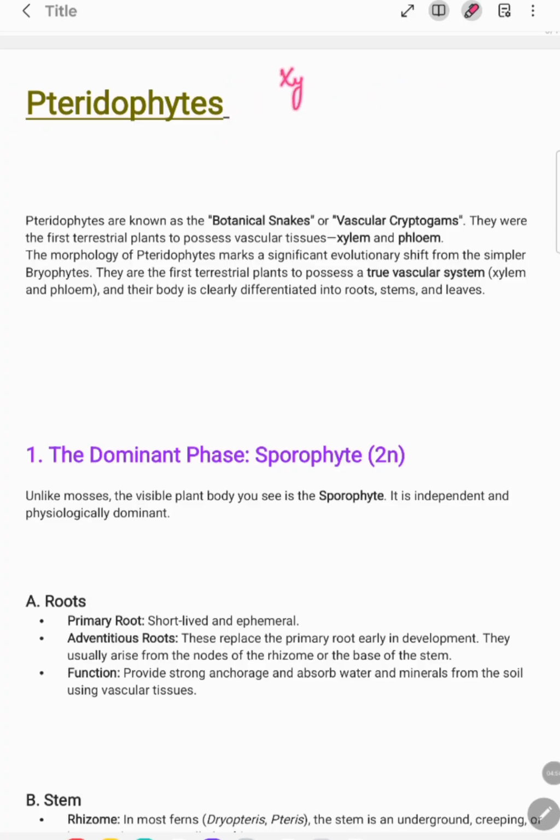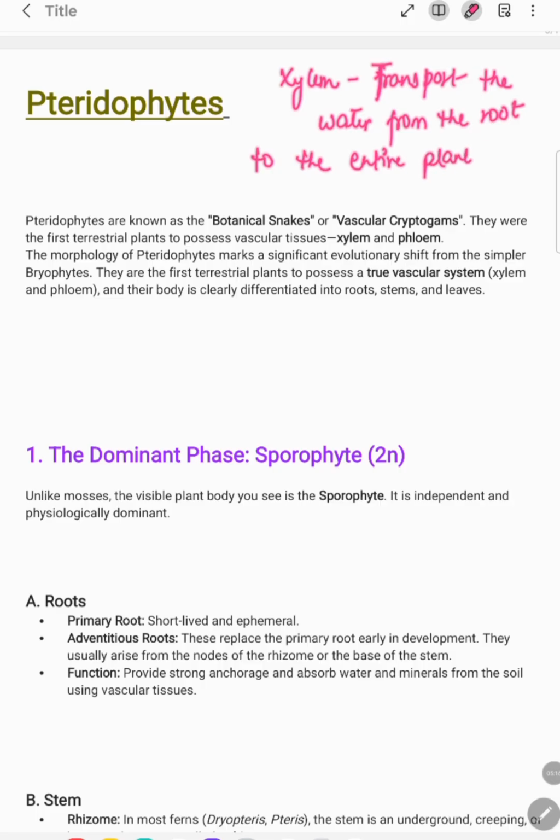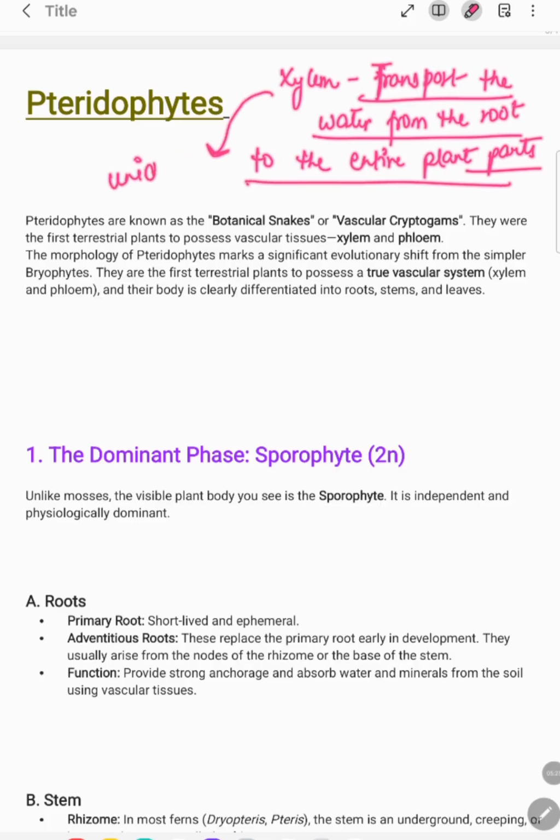As we have discussed earlier in our videos, the role of xylem is to transport the water from the roots to the entire plant parts, and it is unidirectional.